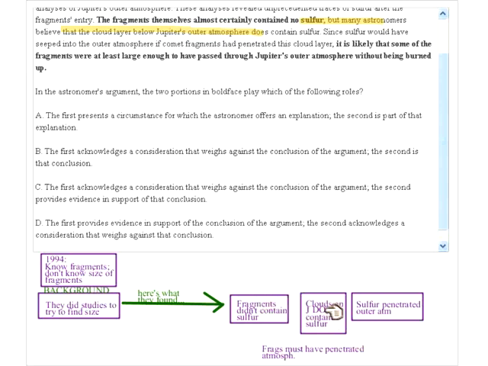There was no sulfur in the fragments, but sulfur penetrated from the clouds to the outer atmosphere. So this is a but. As it says, but many astronomers believe. So these in combination are meant to show you that the fragments must have penetrated the atmosphere.